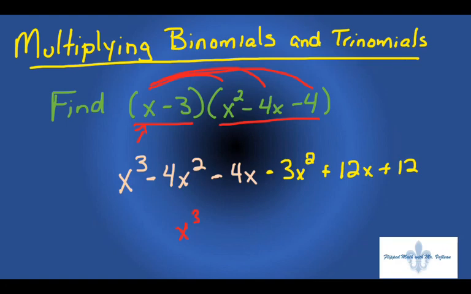Then we combine our x squareds, which results in negative 7x squared. We combine our x terms, so negative 4x plus 12x is going to result in 8x. And our constant is 12. Now we've combined all of the like terms, and we have multiplied a binomial and a trinomial.